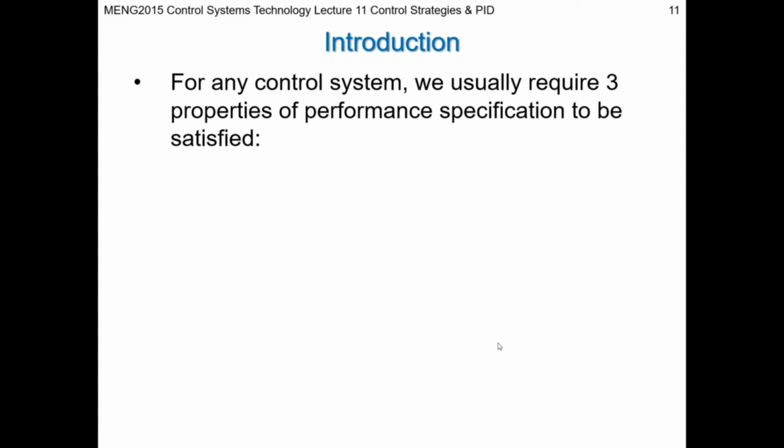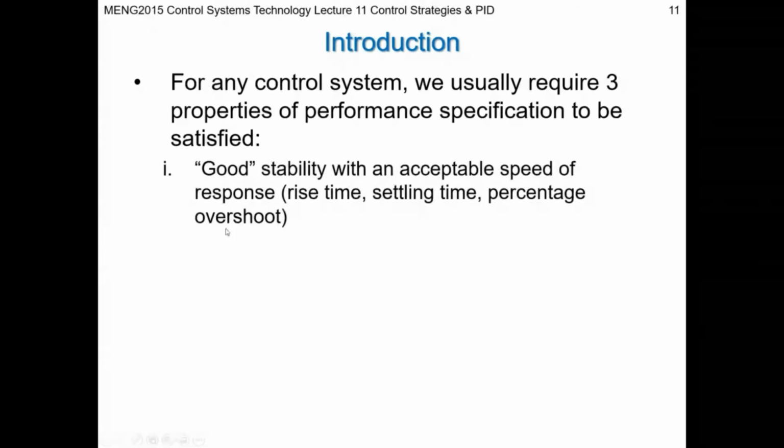PID control is a very, very common form of control system, and we're going to look at just how common it is. We'll mention that in just a minute, but before we get into looking at PID, for any control system, we usually require 3 properties of performance specification to be satisfied.